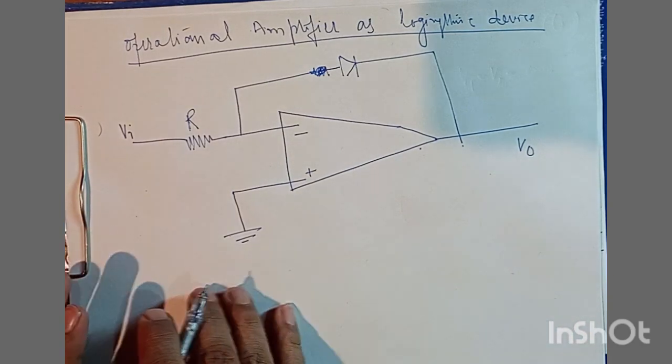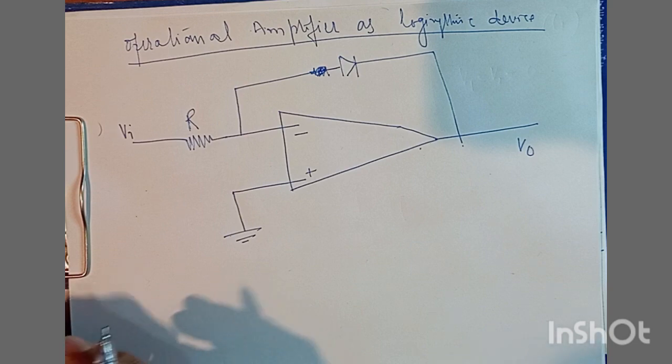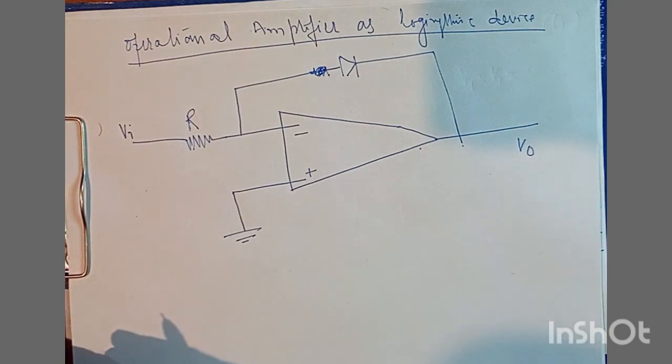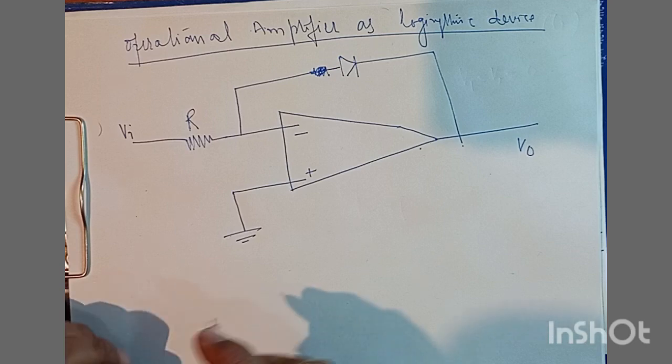Now this is the circuit requirement of an operational amplifier to be used as a logarithmic device, where the output will be the measure of log of the input. So we would like to analyze this and obtain a relation where we can have an output to see whether it is the logarithm of input.